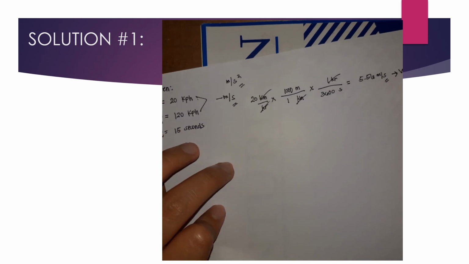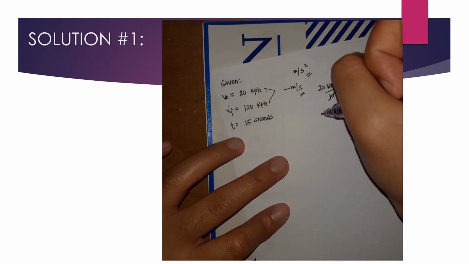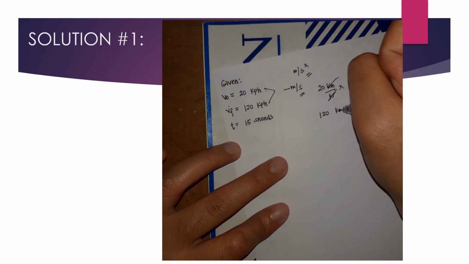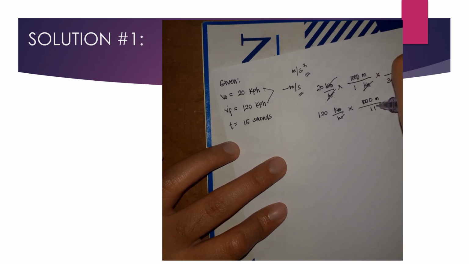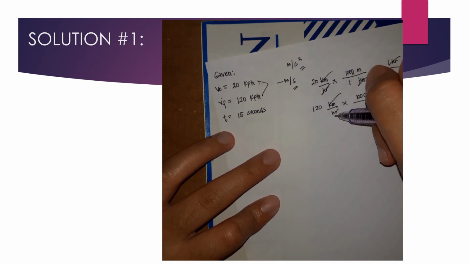Next is our V final, which is 120 kilometer per hour times again 1,000 meter over 1 kilometer times 1 hour over 3,600 seconds. So again, cancel.